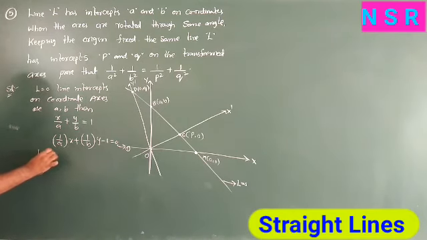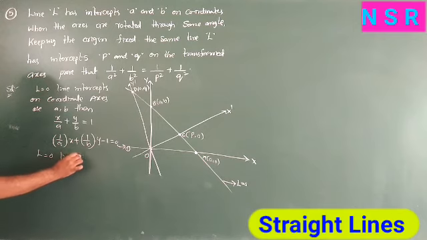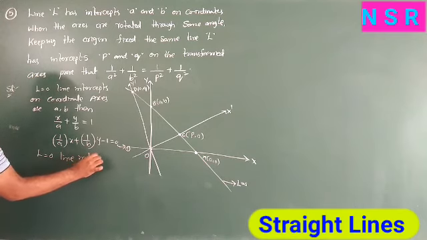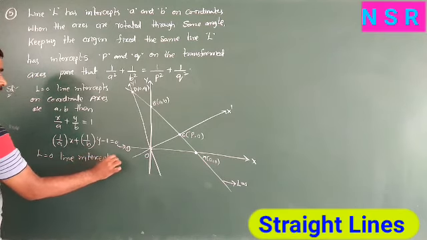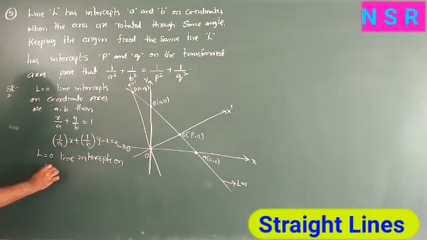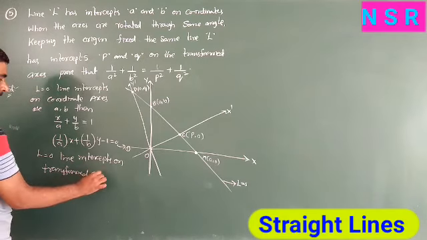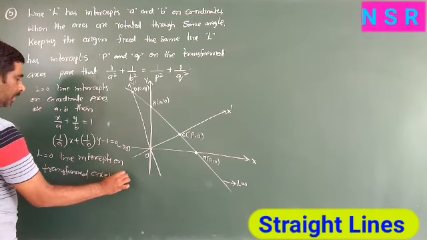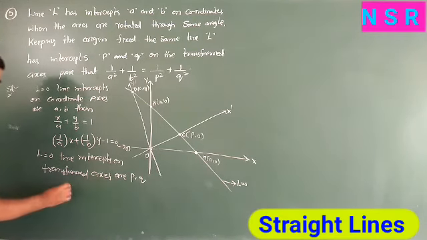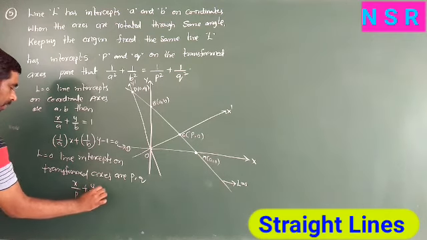Next, the same L equal to 0 line has intercepts on the transformed axes p comma q. So we get x by p plus y by q equal to 1.